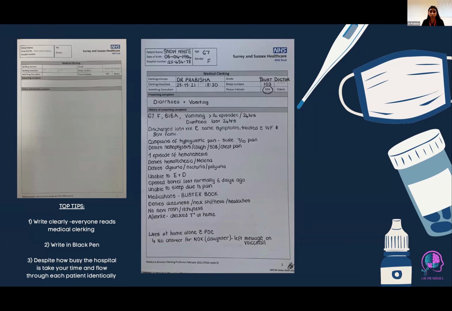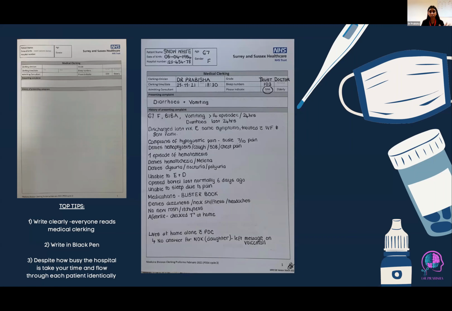Was it shortness of breath, chest pain, diarrhea, vomiting, or just generalized pain? There are loads of options, so try to keep it quite simple. If they're being transferred, you just write transfer, deconditioning, or step down from something. It's really important to keep it really bold, really easy to see, with symptoms to go off.